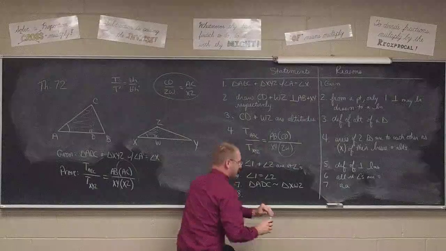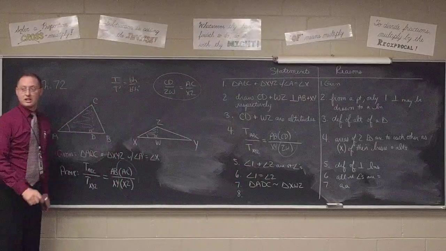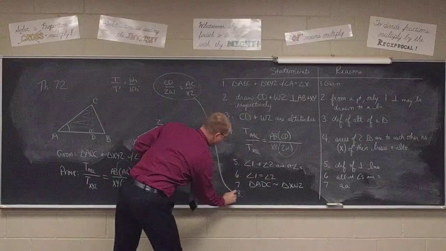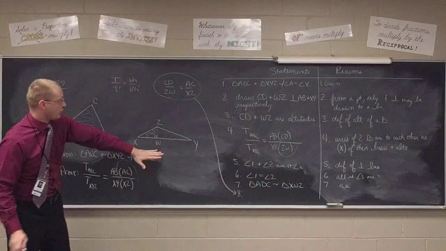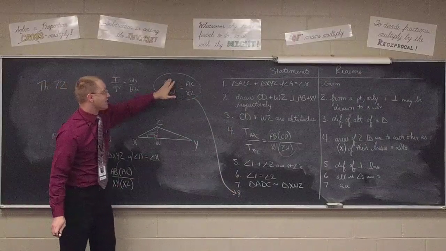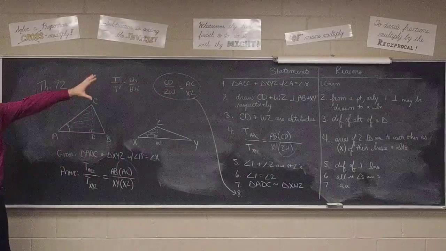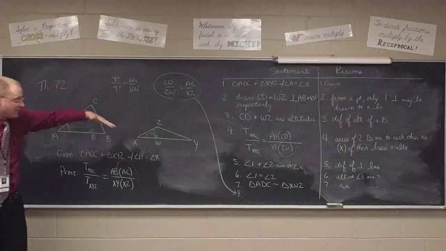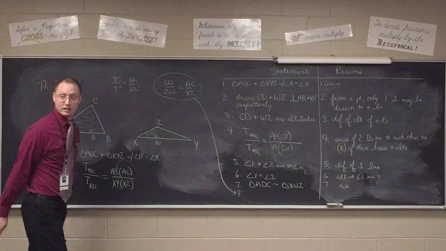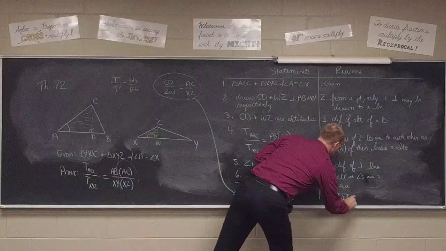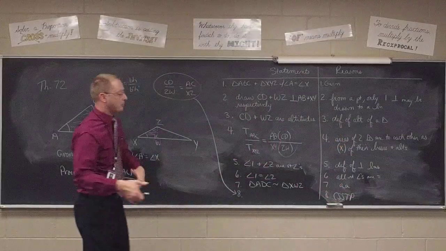Why did I want the triangles similar? Right, so let's put this then down here in number 8. Once the triangles ADC and XWZ are similar, then that proportion, CD is to ZW as AC is to XC, is true by corresponding sides of similar triangles, that's what we just proved, are proportional.